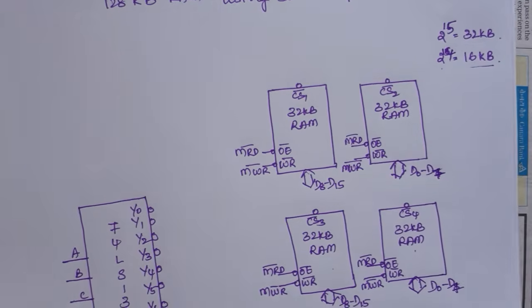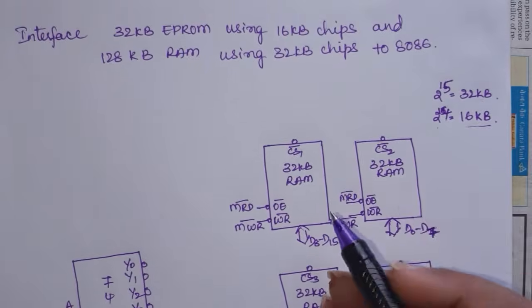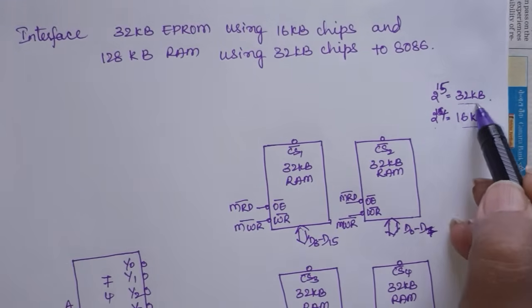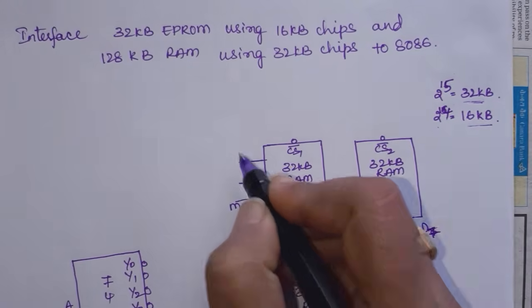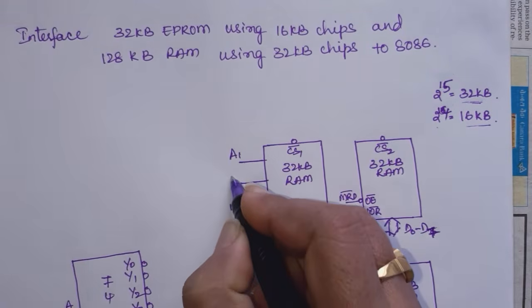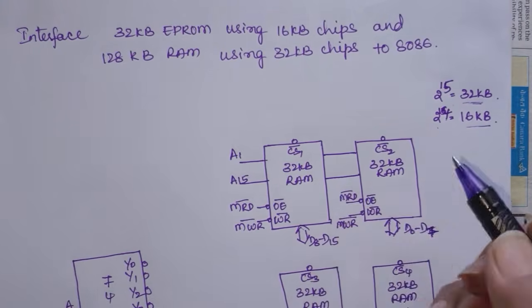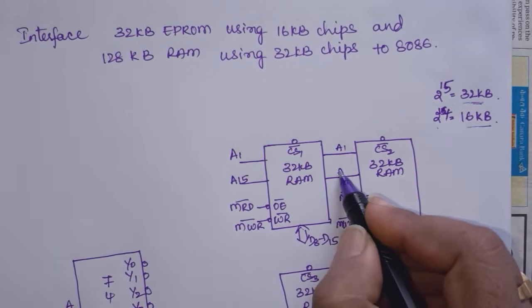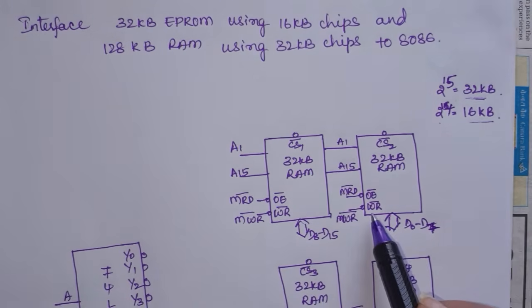Okay, so first let's see, because 15 address lines are required for 32 KB, here we connect processor's A1 to A15. Same way here also A1 to A15. Okay, this total is 64 KB.